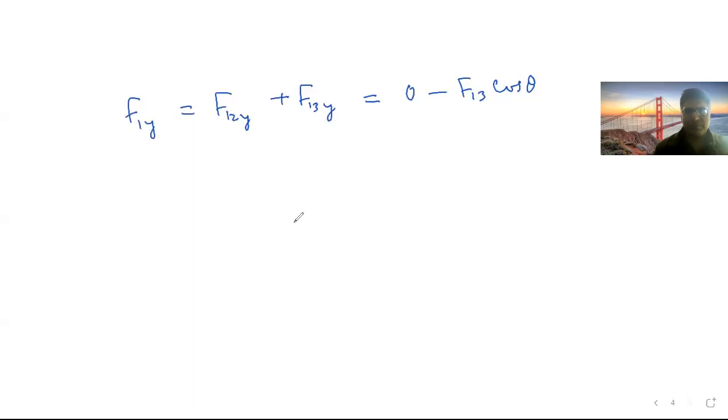So let us move. It is F12y plus F13y. F12y is 0. F13 we have calculated. So it is minus 2.48 Newton times cos of 32 degrees.